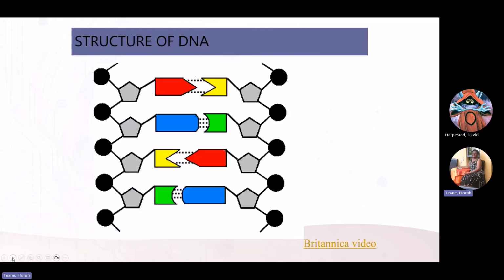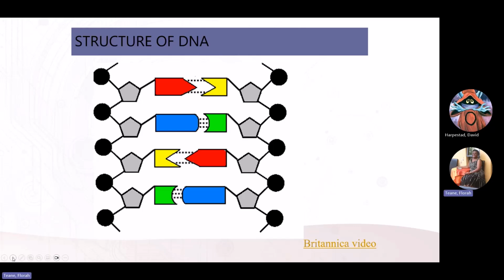Remember what I said when we started, as I was showing you the structures of the two nucleic acids. I indicated to you that RNA has a single strand and DNA has double strands. So this is the structure of a DNA molecule.